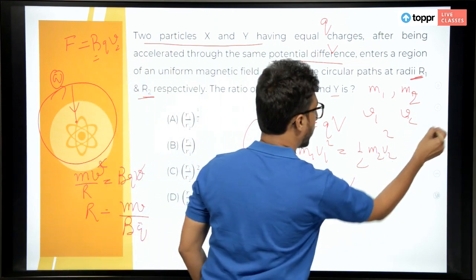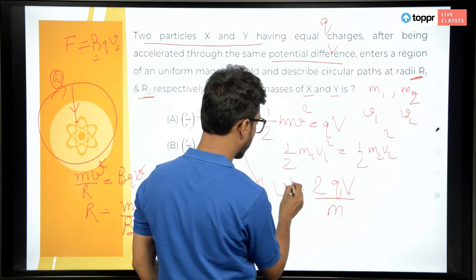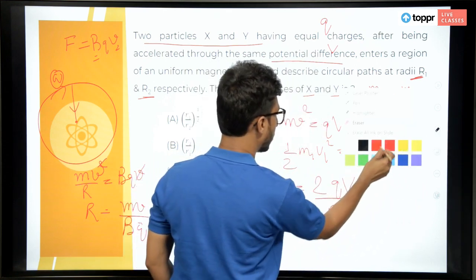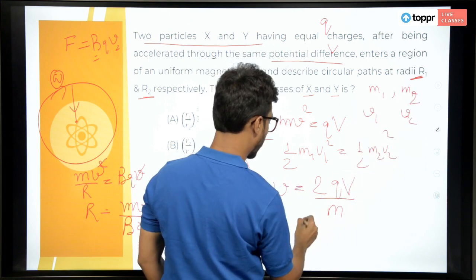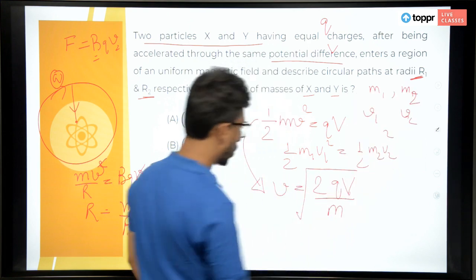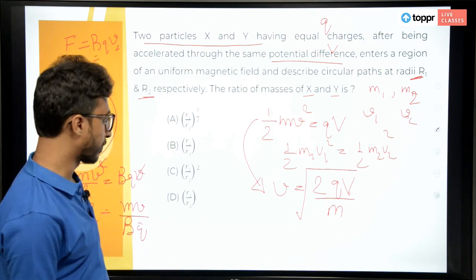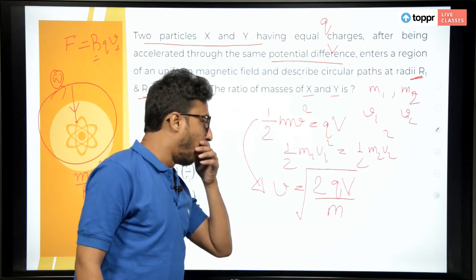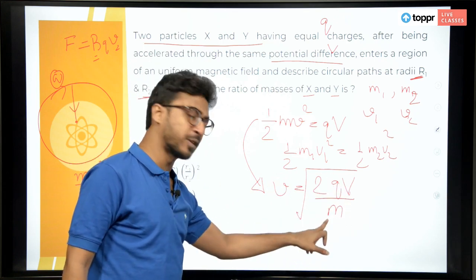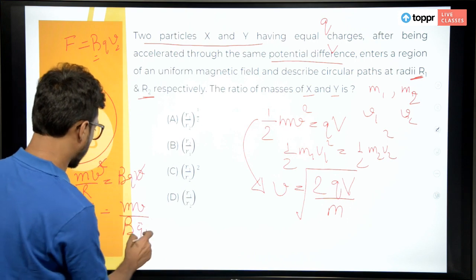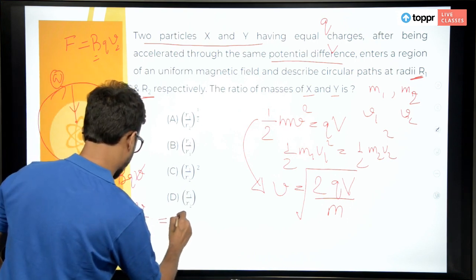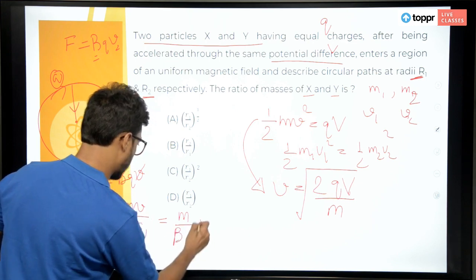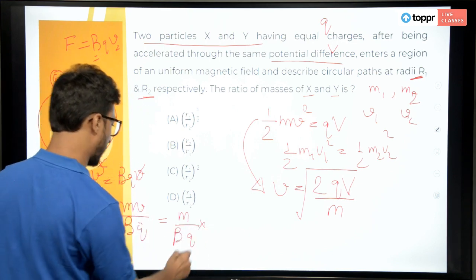So v will be nothing but root over 2qV by m, right? So the variation of v with mass, and the rest is constant, we have found, right? So we can put this value here: r is m by bq, and in place of v, we can write this.